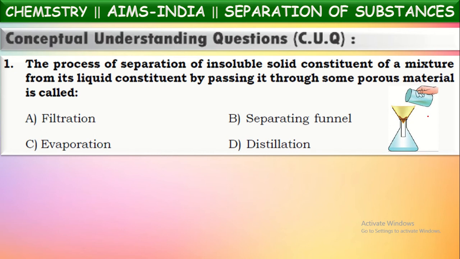For example, if you take sand and water, we can separate sand from water when we pour this mixture through a porous material like filter paper. Then pure water will come down and be collected into another container, whereas sand will remain in that porous material, which we have taken as filter paper.